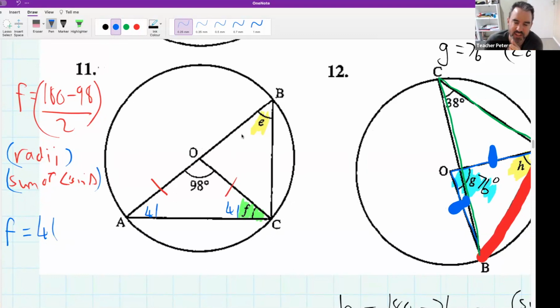What do we think the connection to E is going to be? I'll give you a little helping hand.